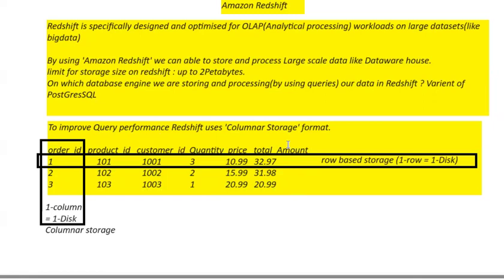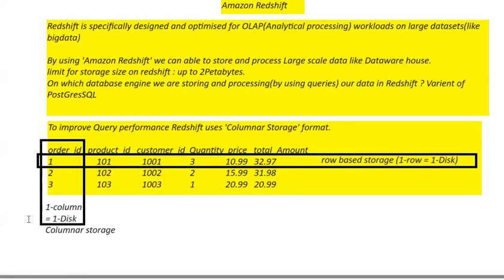So for this, it takes some time. Since it is a small data size, it may not vary by a large amount of time. But let's say you are having 100 records or 1000 records or even millions of rows in your table, then is it fast to get the response in row based storage?